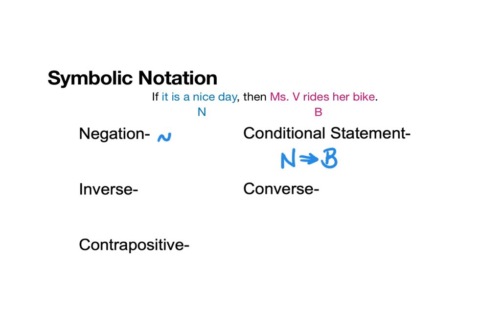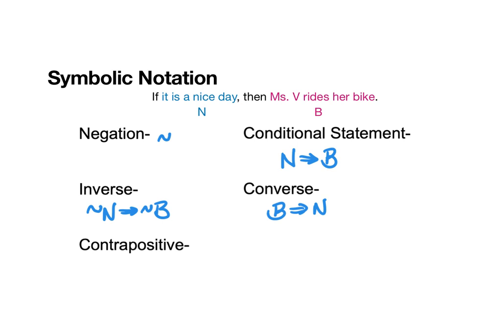Now remember that the inverse is what I get when I negate the hypothesis and the conclusion, but I do not flip anything. So in symbolic notation, I would write my inverse statement as not N implies not B. The converse I get by just flipping it, so I would change the order: B implies N. And again, the contrapositive is what I get when I flip and negate.